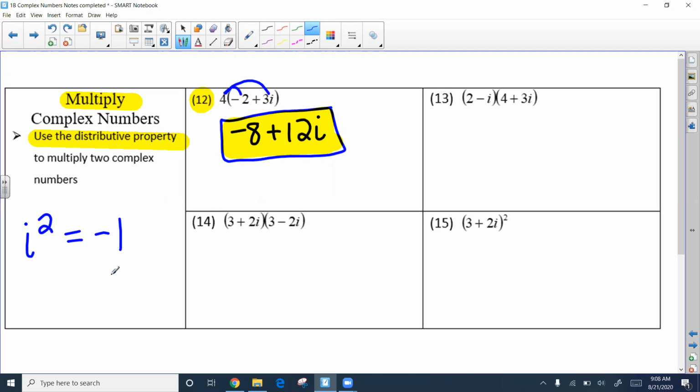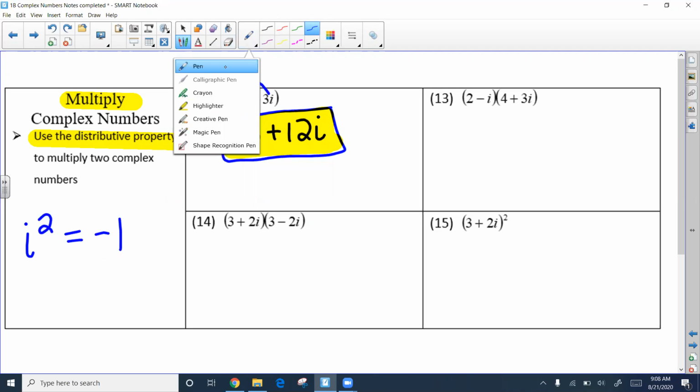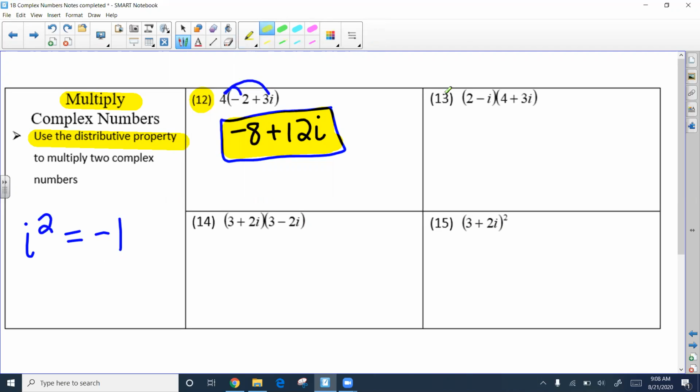Okay, so let's look at 13. Everybody write down the problem for 13. We have 2 minus i times 4 plus 3i. I know they're multiplied because the parentheses are just next to each other. There's no symbol in between. So I know they're multiplied.